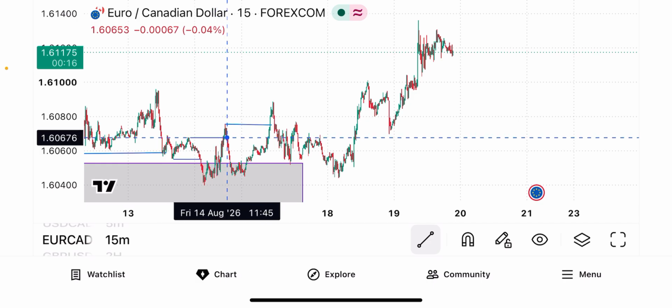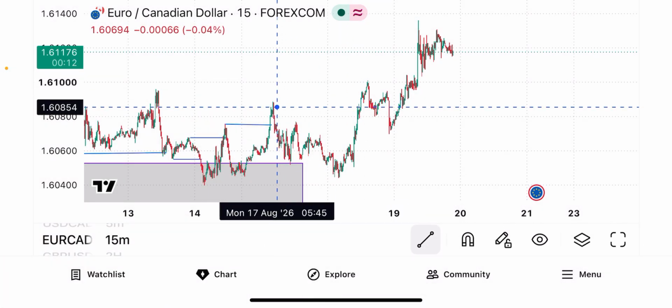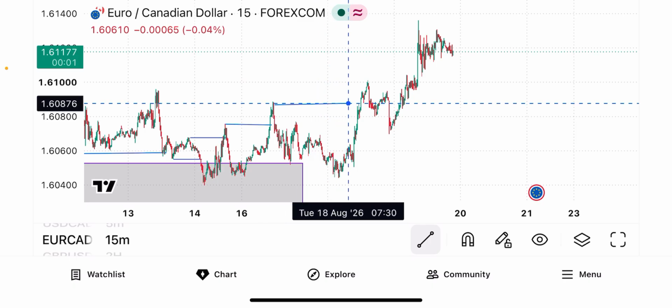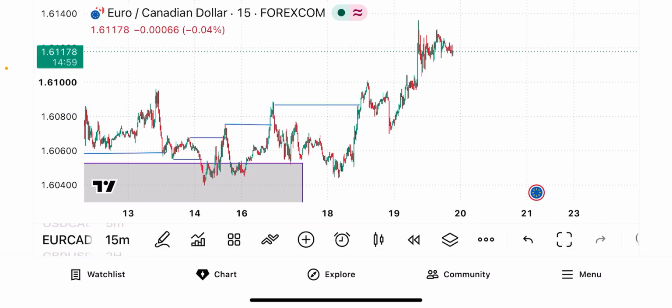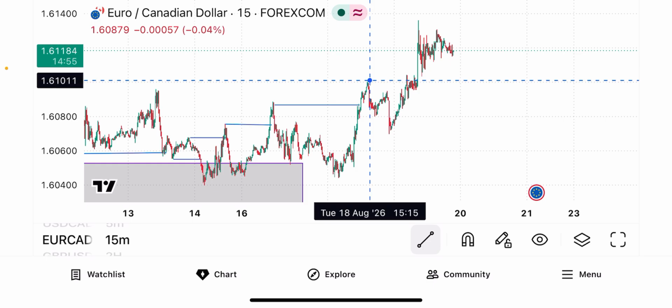Then you can see the market giving us this break to the upside. That's how I know if the market is still going in my intended direction. I don't use trend lines, I use break of structure, because the market is still breaking structure to the upside. So if you are watching this video now, you should be expecting more buys on Euro card.